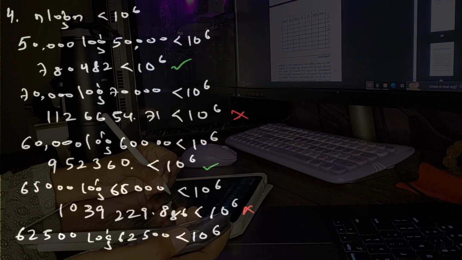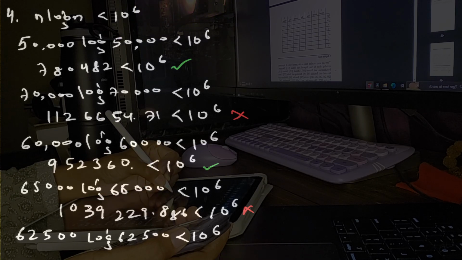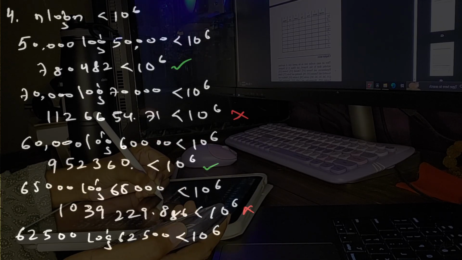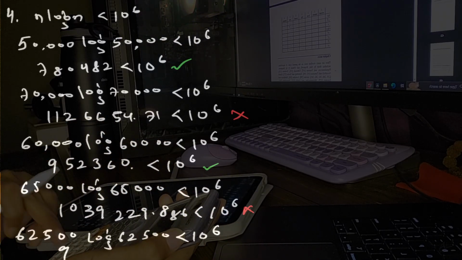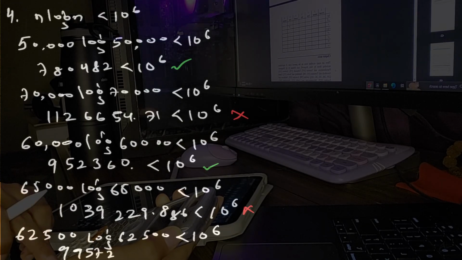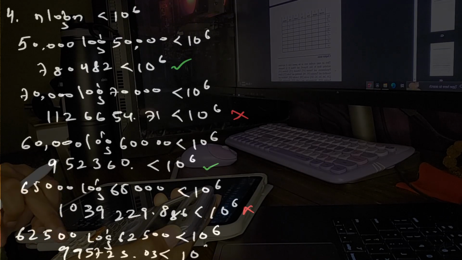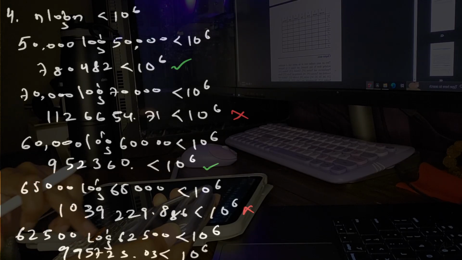Log of 62,500 divided by log 2, multiplied by 62,500, equals 995,723 point something. Is it less than that? Yes, it is. Nice.